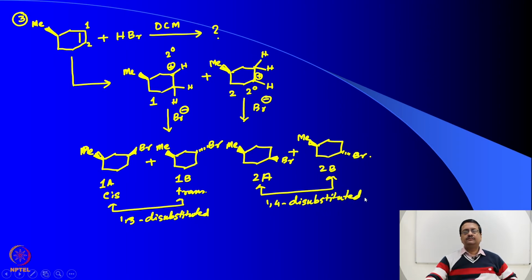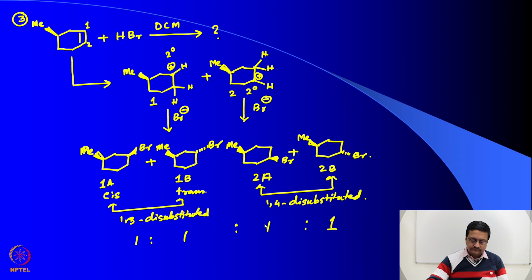And all the four compounds have equal probability of formation because they are originating from these carbocations which have similar or the same stability. Therefore, these four compounds will form nearly in the ratio of 1:1:1:1. Right?